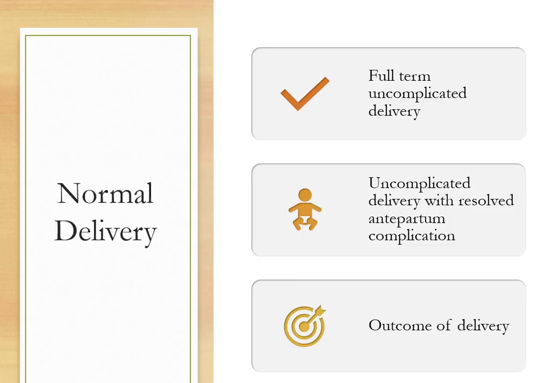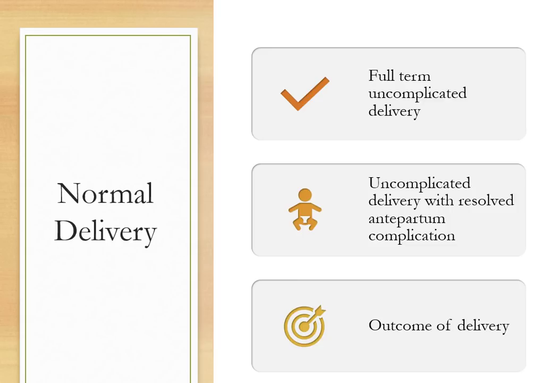Code O80 is always going to be principal. Because we're saying that this is uncomplicated, with no complications, it should not be used with any other code from Chapter 15, okay? Additional codes from other chapters may be used if they are not related to or in any way complicating the pregnancy.